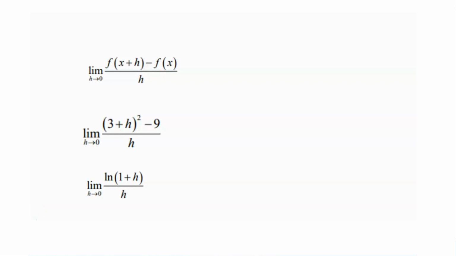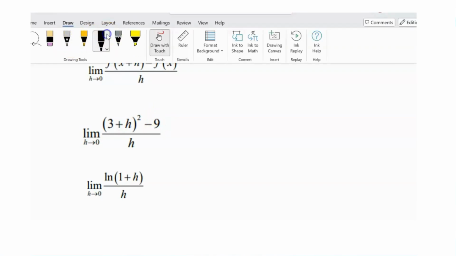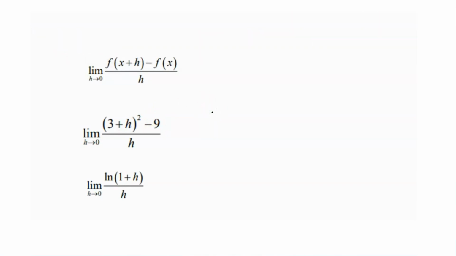Okay, in these next two examples, what starts adding some confusion for students is when we replace the x by a value. So in this case here, in this first one, we have 3 plus h, the quantity squared, minus 9. Well, the 9 is the same thing as 3 squared. So that means that our function is actually x squared, but we're plugging in 3.